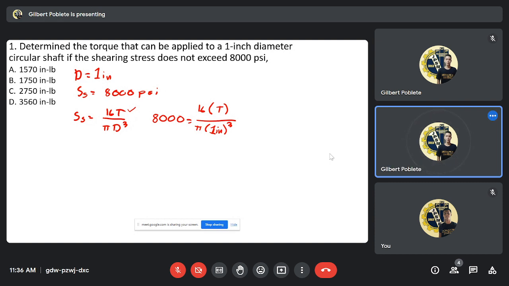Shift solve. So, ang lumabas sa atin is, for torque is 1,570.79 inch pound. So, sagot natin is letter A.